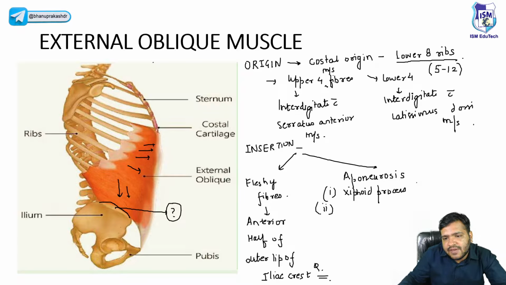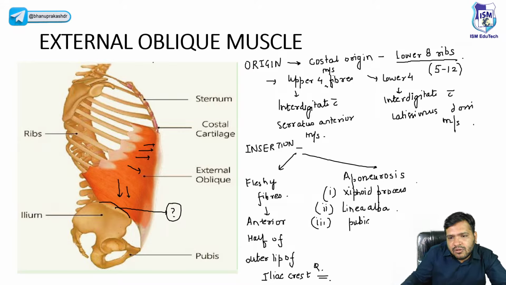दूसरा मैंने आपको बताया था, we have a straight line in between that is called the linea alba. We have the pubic crest. प्यूबिक क्रेस्ट, क्रेस्ट का मतलब मैं पहले ही समझा चुका हूं, और प्यूबिक तुम्हें पता होना चाहिए.